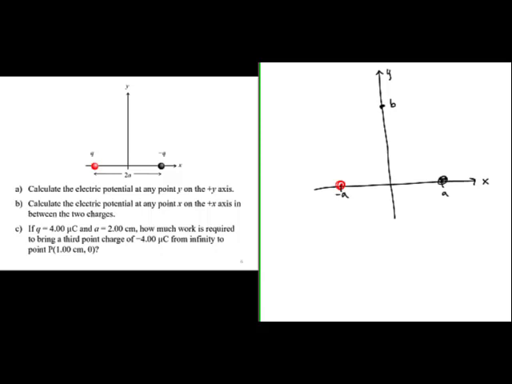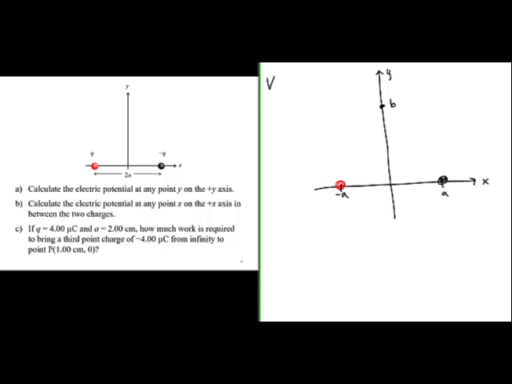In the absence of a second charge, like at this point B, the electric field still has the ability to give another charge, if we were to place it at point B, a potential energy. But in the absence of that second charge, the measure of the electric field's ability to give that energy is called electric potential.